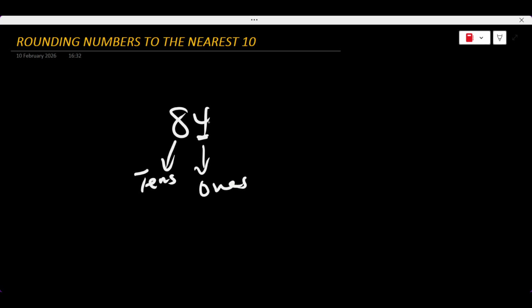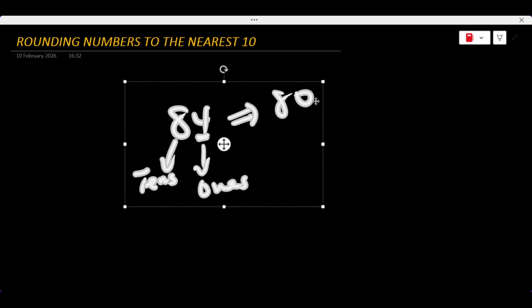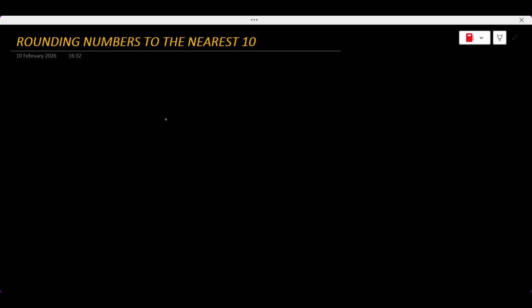If it is 4 or less, you round down. Since 4 is under the category of 4 or less, we round down. So 84 to the nearest 10 gives us what? 80. All right. Let's look at the next example.